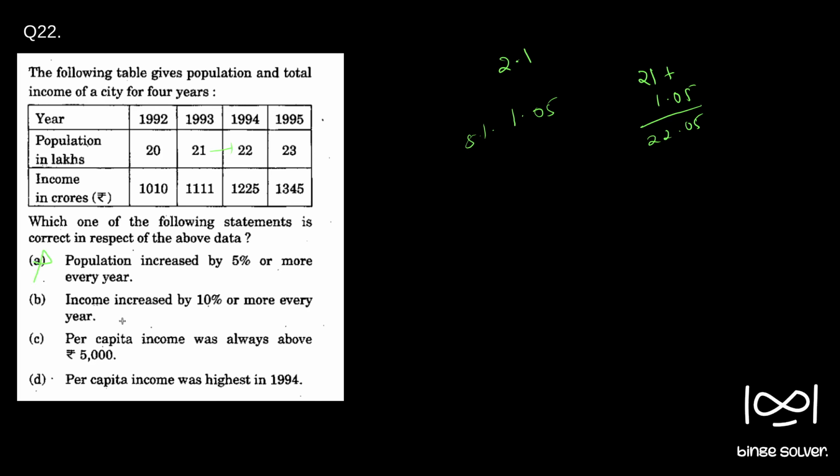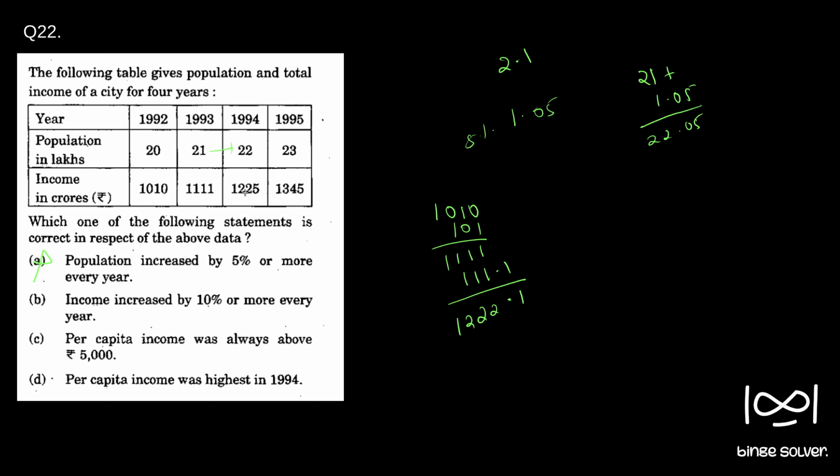Second, income increased by 10% or more every year. Let's check that. 1010 plus 10%, which is 101, becomes 1111. Correct. So the 10% increase is there. Again, for 1111, 10% is 111.1, so it should be 1222.1 if it is a 10% increase.